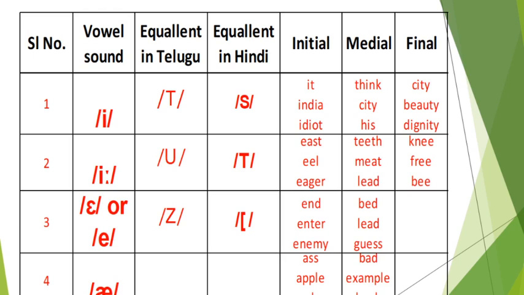Long vowel. Medially, teeth, t plus e, teeth, meat, lead. Finally, knee, free, bee. Okay, you can frame some more examples like this.